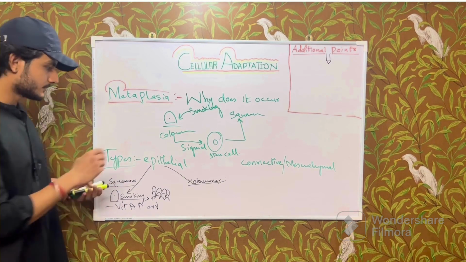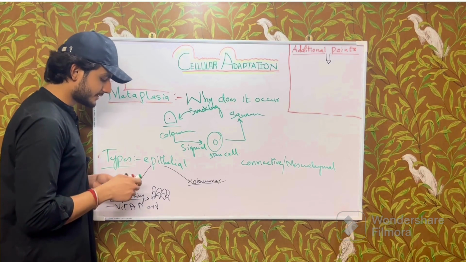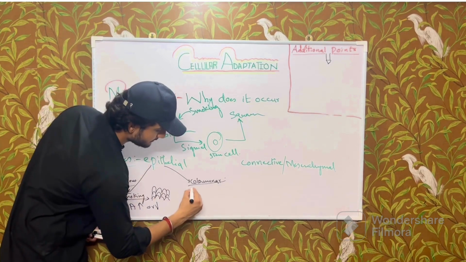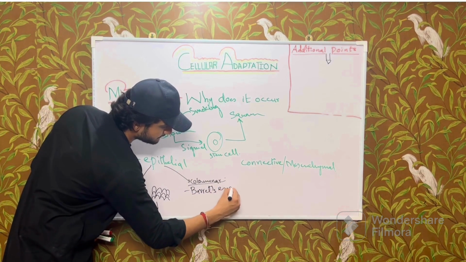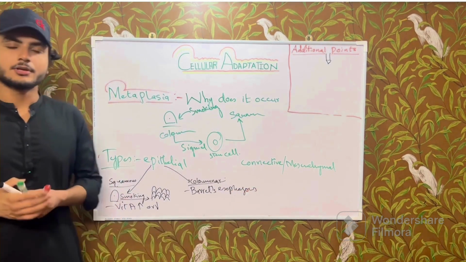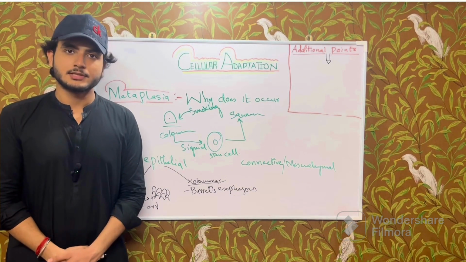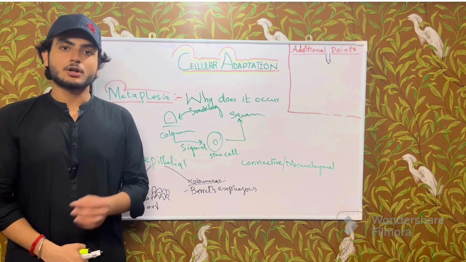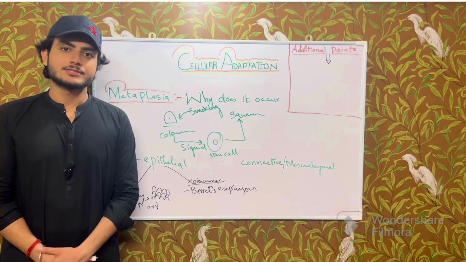Okay, so the second example is columnar metaplasia. When and where does it occur? The best example of columnar metaplasia is Barrett's esophagus. Due to GERD, gastroesophageal reflux disease, the acid from the stomach comes into contact with the normal mucosa of the esophagus. This mucosa is made up of squamous cells.